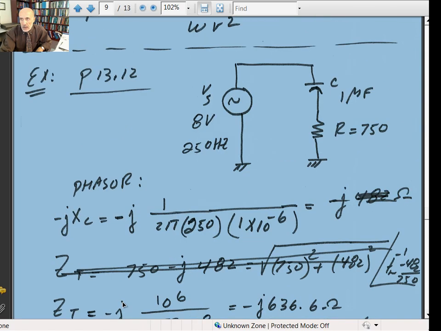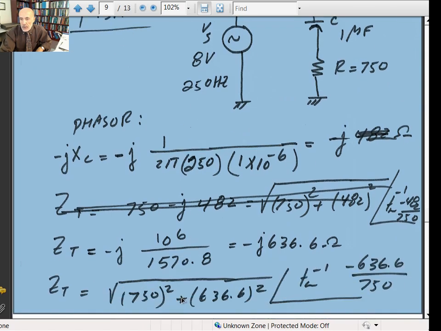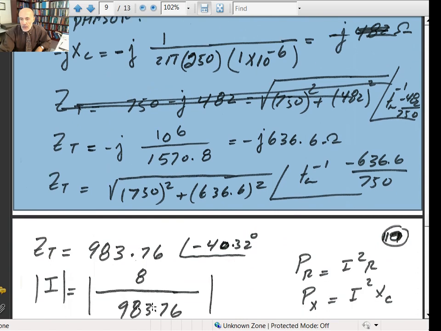You calculate Z total, which is the square root of 750 squared plus the impedance of the capacitance, 636.6 squared, and the tangent inverse of this negative number divided by 750. That gives you Z total.